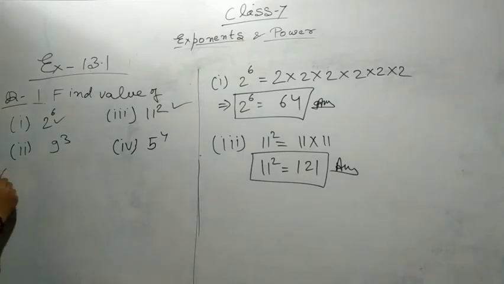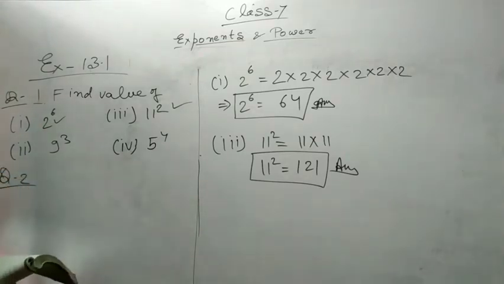Now let's have a look at our second question. Second question is asking us to express the following in exponential form. We have to express the numbers in exponential form.